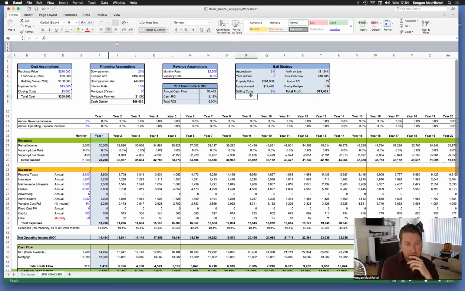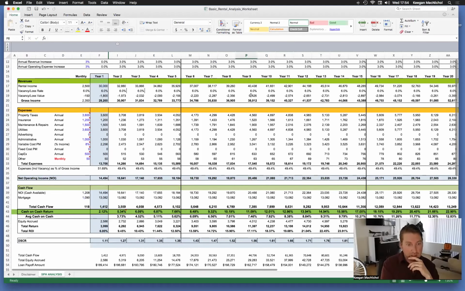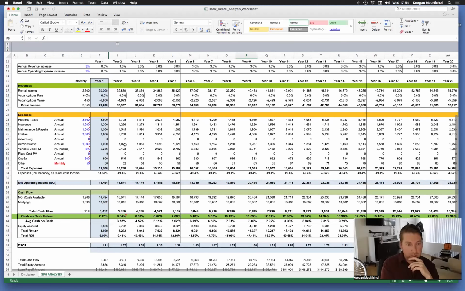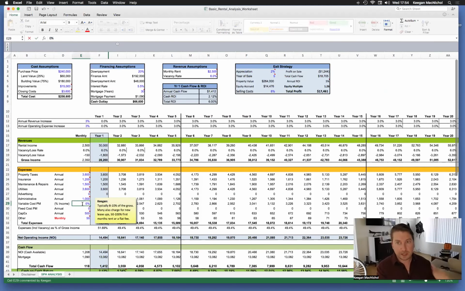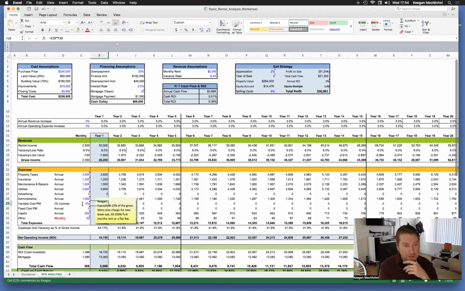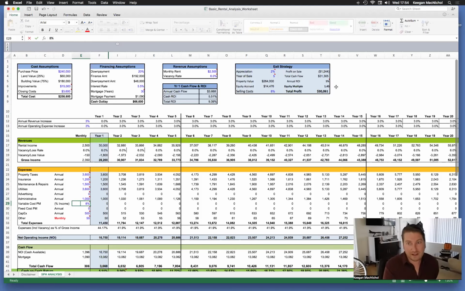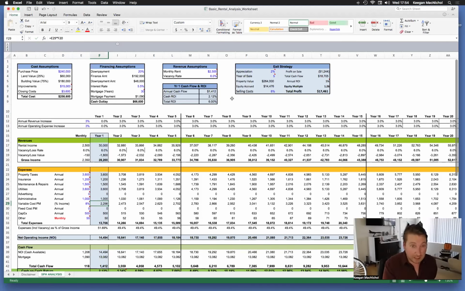That seems low for what this should be, but what if I'm self-managing? Okay, 9%. That seems low. So yeah, 5%, 9%. I'm not buying that.